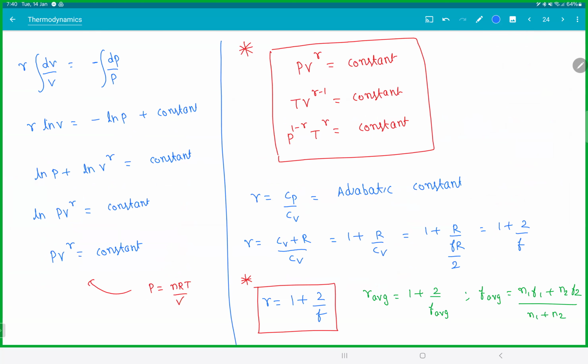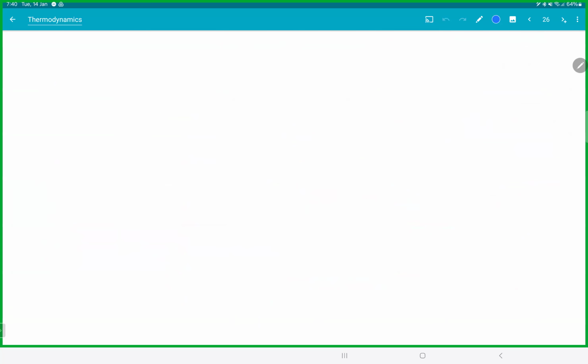There. So we found the relation between P and V. Now how to find the work done? Story is the same. Work done is integral PdV, from V1 to V2. Now we know PV power gamma is constant. So I can write this as P1 V1 power gamma equals P2 V2 power gamma equals K, which is some constant. So I can write pressure as K by V power gamma, substitute here.